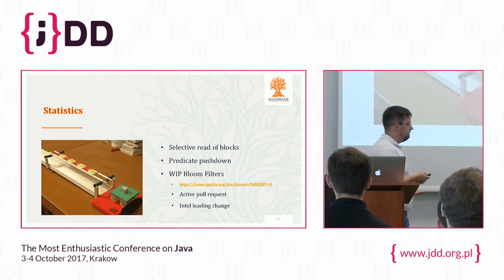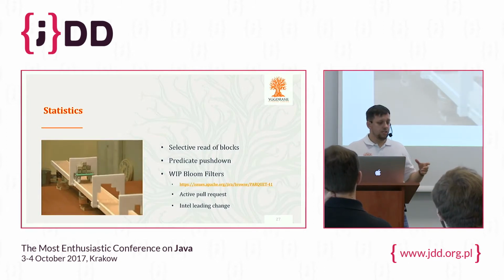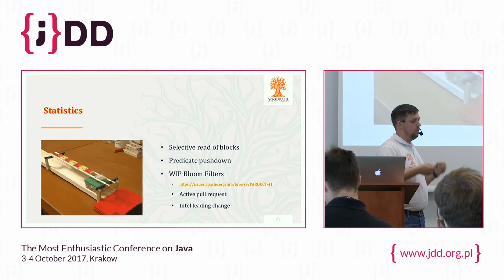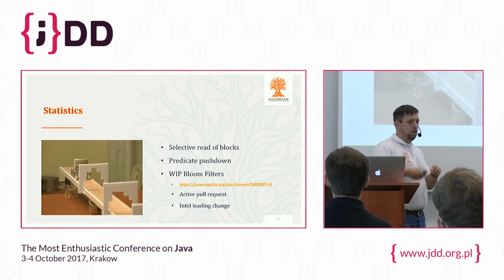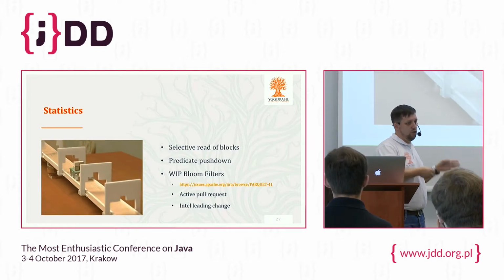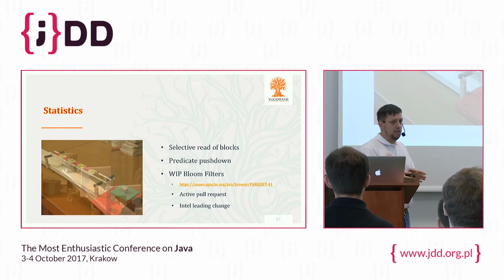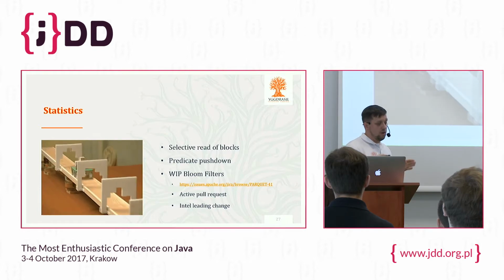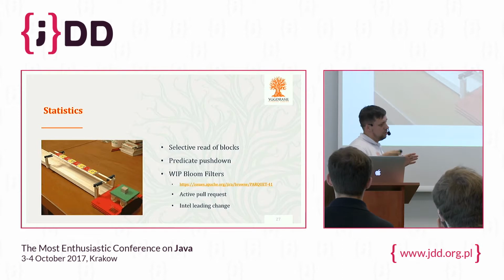A Bloom filter is a very efficient representation of your data that tells you whether a value is possibly stored in this block or definitely not. That means you also have a few false positives, and Bloom filters have very small overhead because you're storing them as bit positions in your integers.